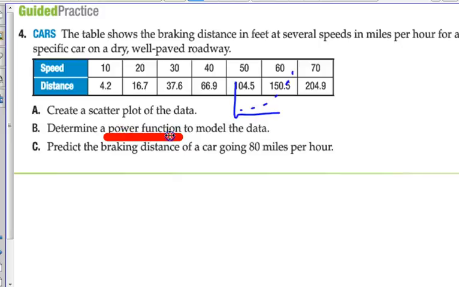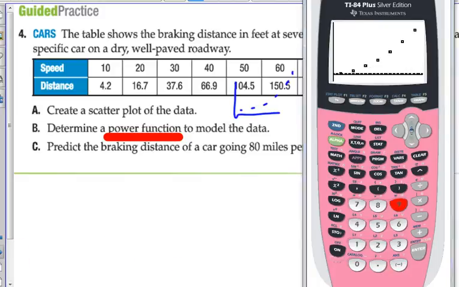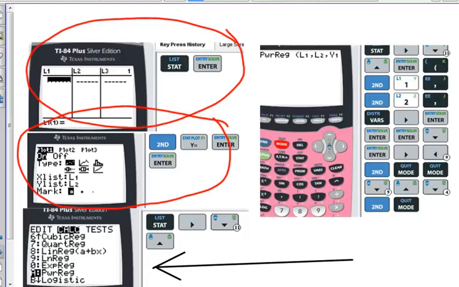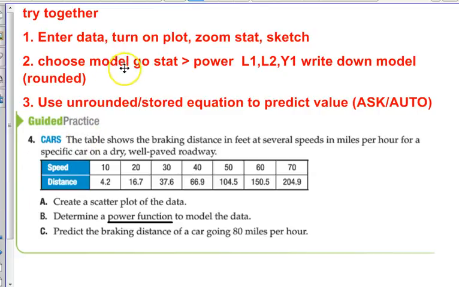Now it says to do the power function. Please be paying attention here. You need to do the power regression, which is, hang on, let me get to the right screen. It says here, go stat, right arrow, power regression.